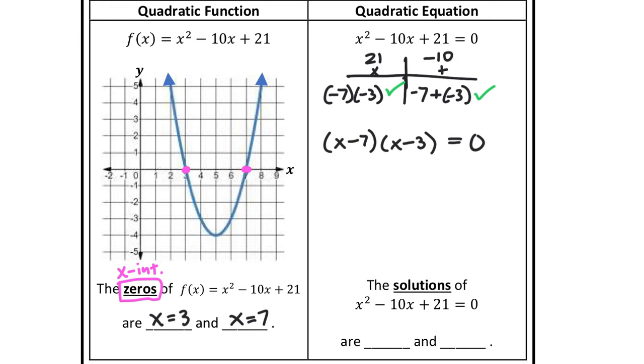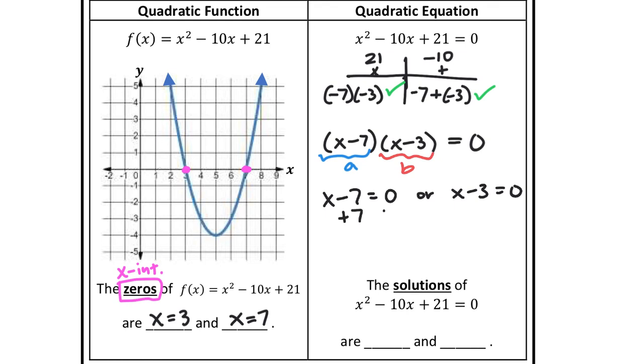And then I can say if this is my a and this is my b, then I have either x minus 7 equals 0 or x minus 3 equals 0.